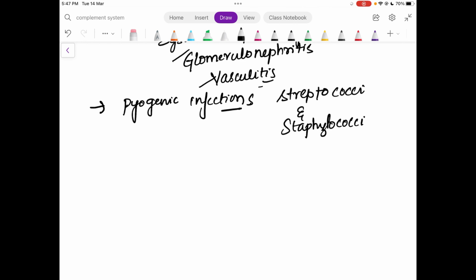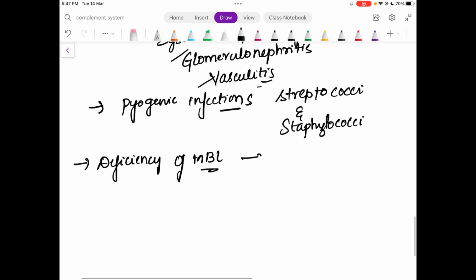Next, in lectin pathway, if there is deficiency of MBL, what is mannose binding lectin or mannose binding protein, they will result in serious pyogenic infections.